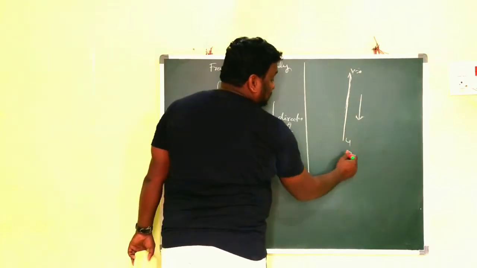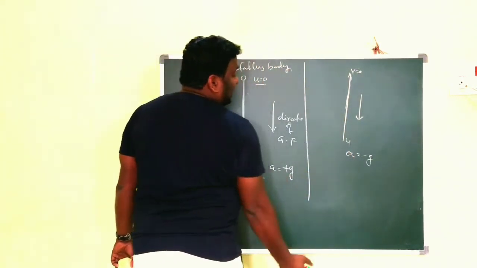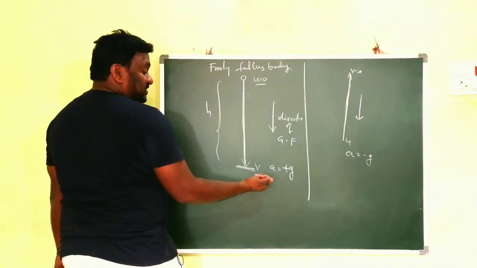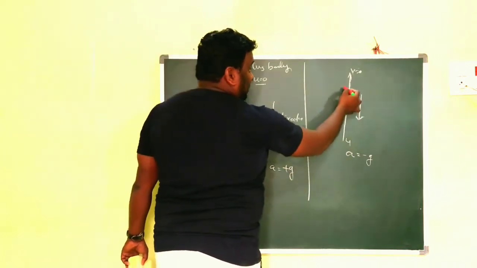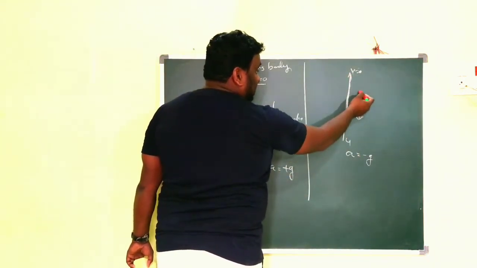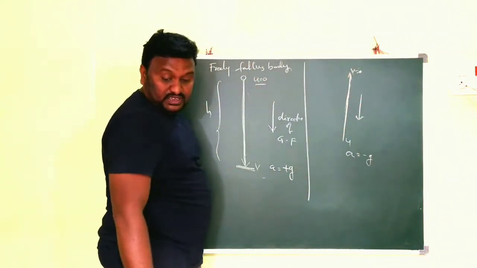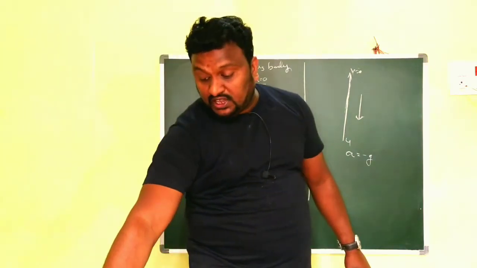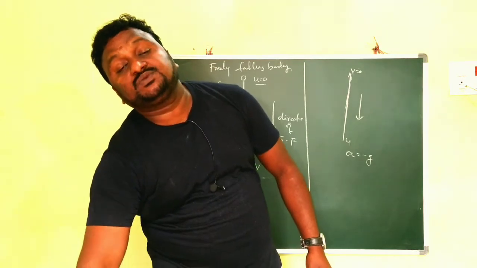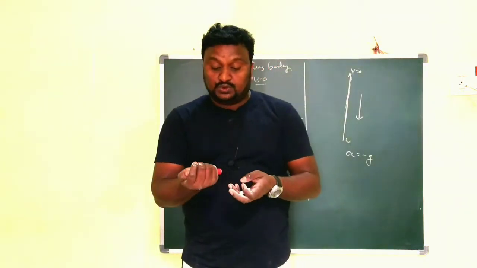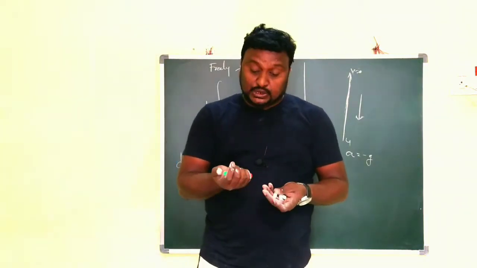That's why in this case A is equal to minus g. So the body is moving up and the gravitational force is downwards, that is, the body is moving in the opposite direction of gravitational force. That's why in that case g is negative.